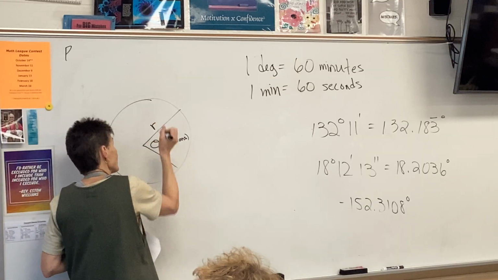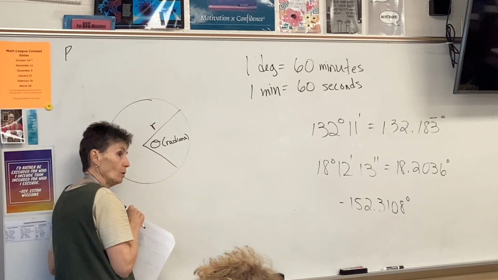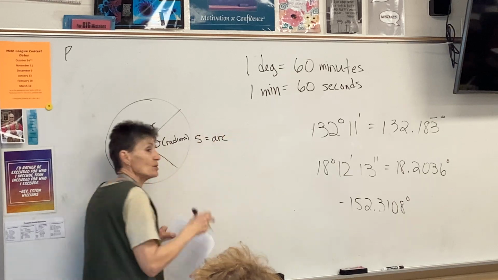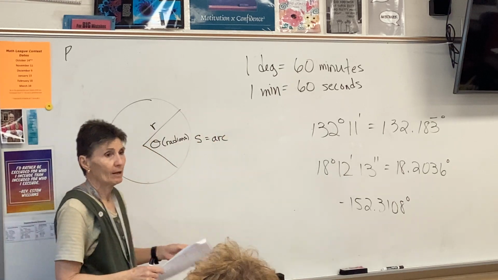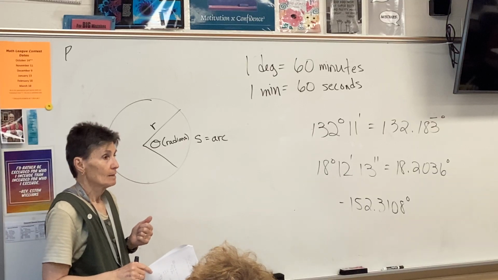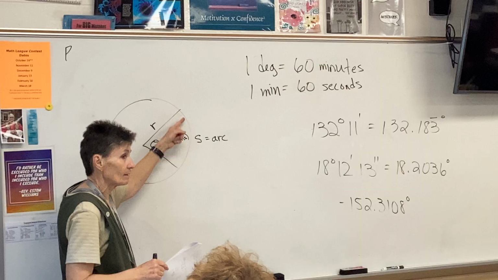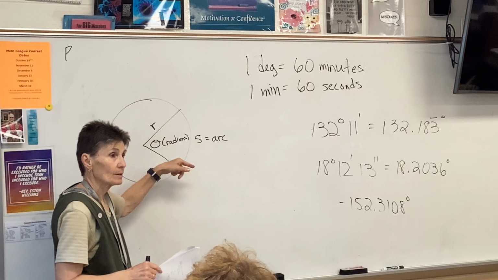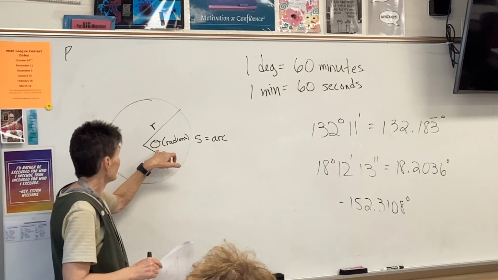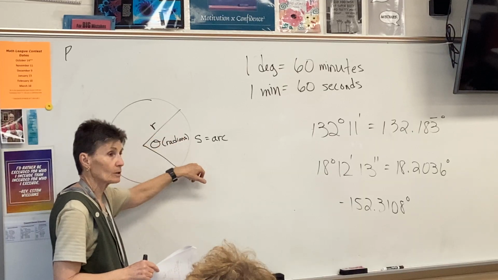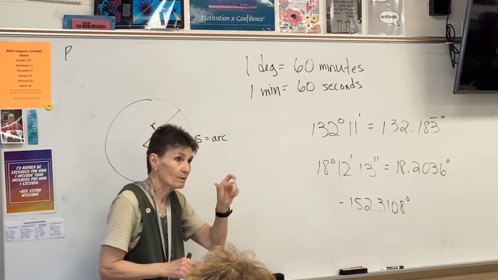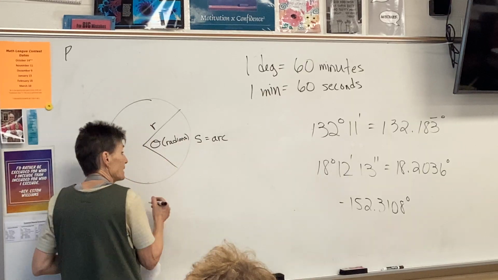This obviously is the radius of the circle. And then S is the letter that your textbook and others uses for arc length. So this is S right here. Now wait a minute. Angle, radius, arc length. On your notes, I told you to write something down and box it in. What did you write down and box in?